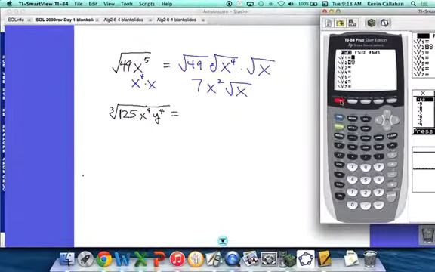Go to y equals, clear. On the first line, I'm going to put x squared. On the next line, enter, I'm going to put x to the third. And enter. Now I'm going to go to the table of values. Where's the table? Second graph.